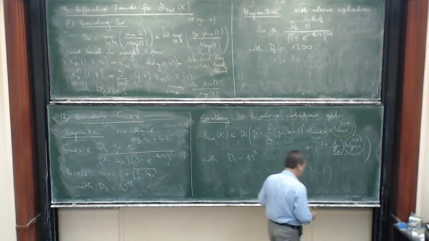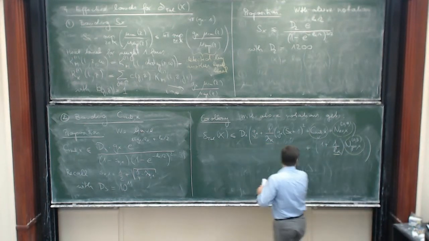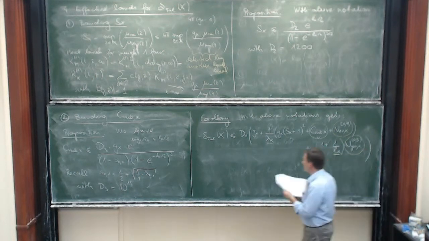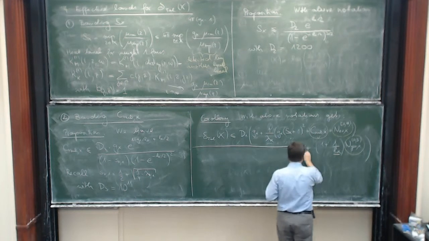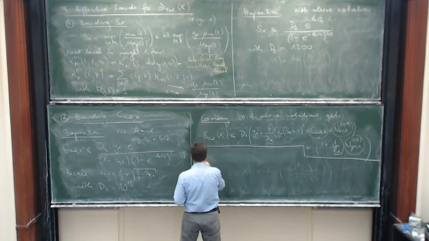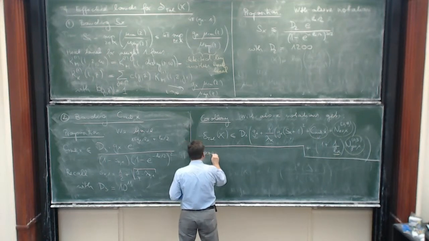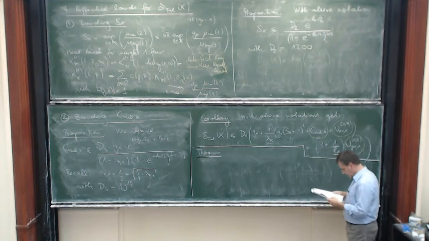I probably erase the D1, then you get a little space, because we keep this formula. Okay, so that's now the theorem, which takes into account all the estimates.